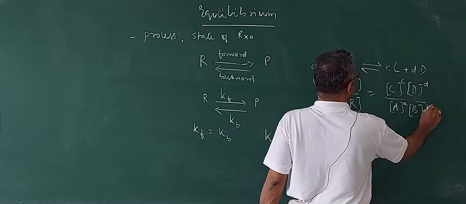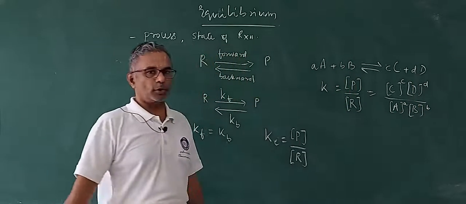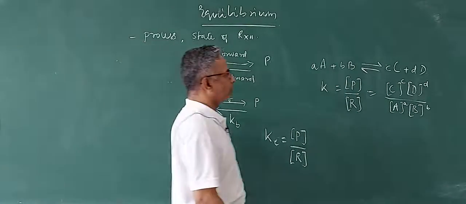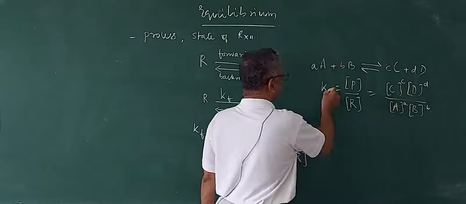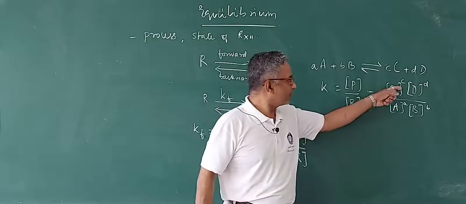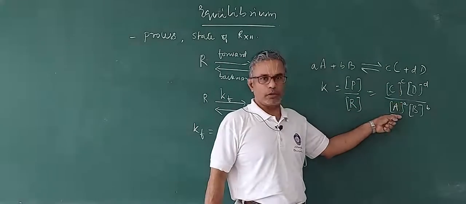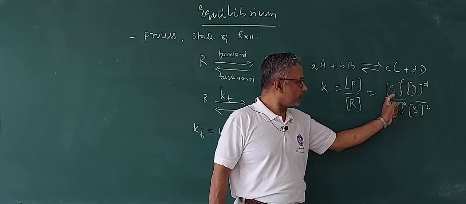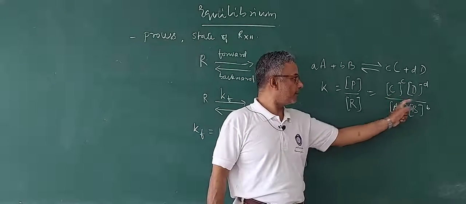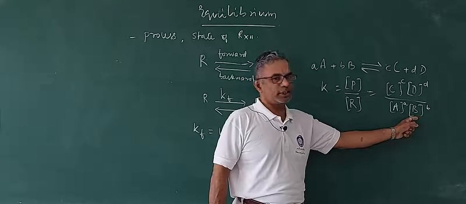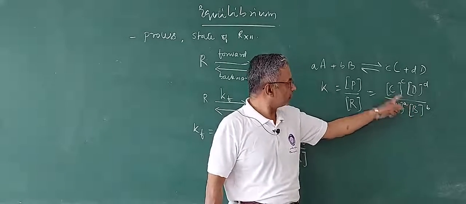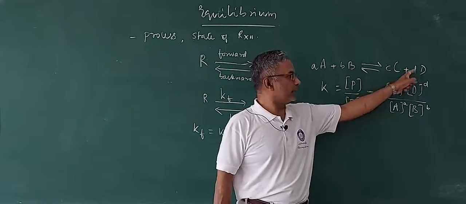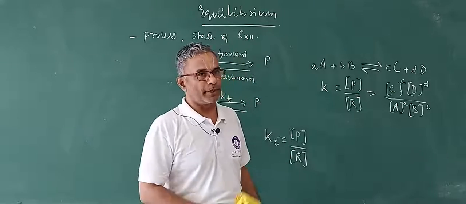Now, we can define this equilibrium constant as the ratio of the product of the concentrations of the products divided by the product of the concentrations of the reactants, raised to the stoichiometric coefficients.